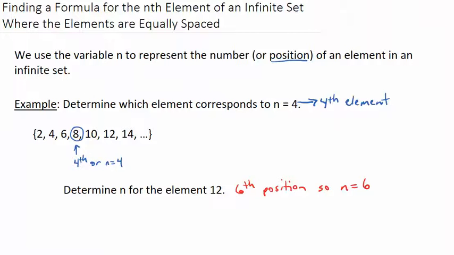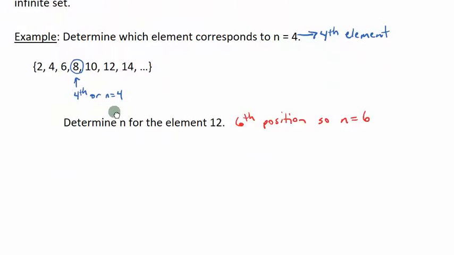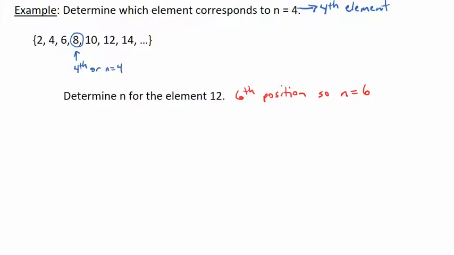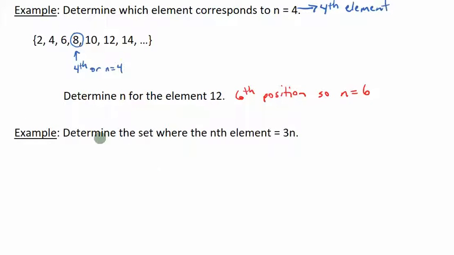Let's do another example that's a little harder. I'm going to describe the elements of the set, and then I want you to come up with the set. So I want you to write this infinite set where the nth element equals 3n. So here we have a formula to calculate the elements.